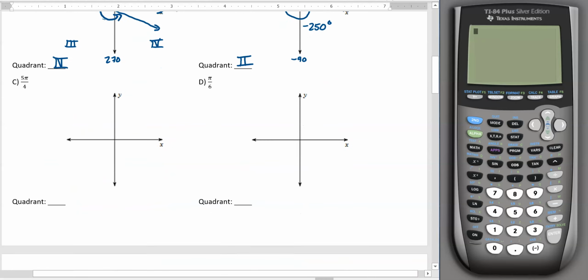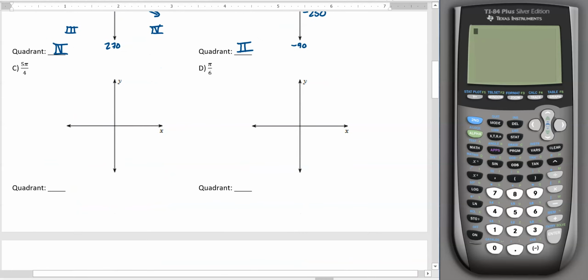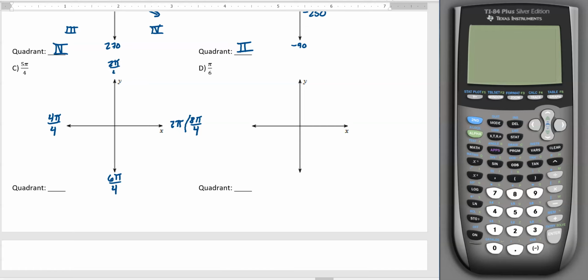Okay, so let's do some in radians. This is 5 pi over 4. I don't want you to convert this to degrees. I want you to be comfortable enough to use radians. Let's recall that 2 pi is a whole rotation, so that'd be the same as 8 pi over 4. Right here would be 4 pi over 4, or pi. This would be 6 pi over 4, which is 3 pi over 2.